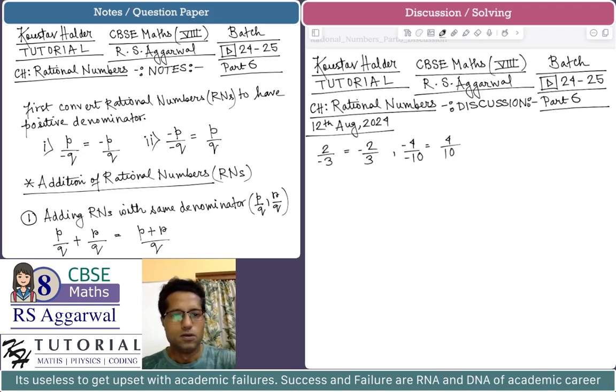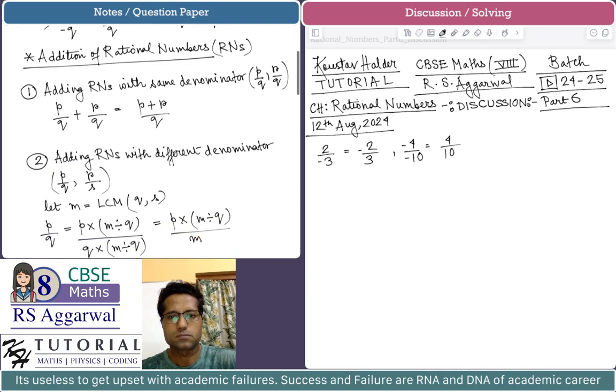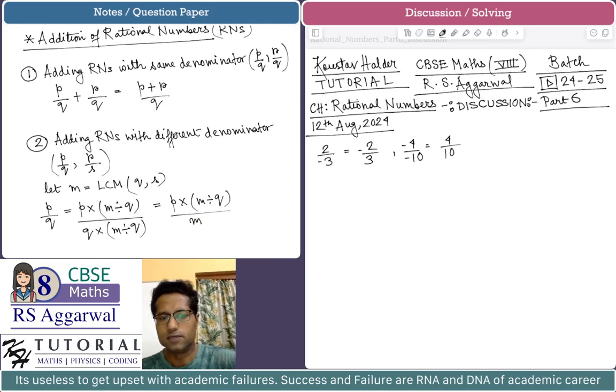Okay, now let's discuss addition of rational numbers. If the two rational numbers we are adding both have the same denominator, then it is very simple. The numerator of the result will be the addition of the numerators of the given rational numbers, and the denominator remains the same.